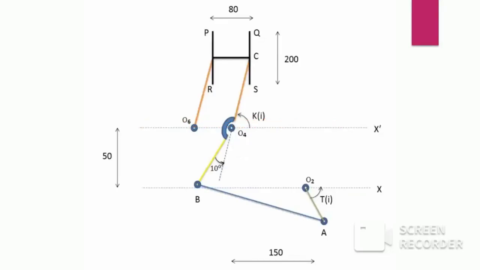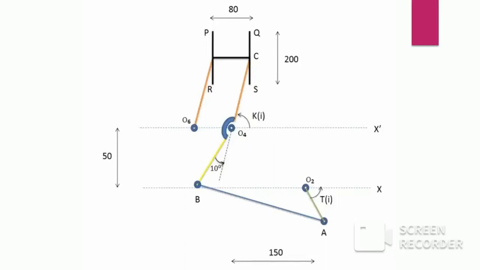So, we know the angle between O4B and O4C is 10 degrees. So finally, the only thing we need to find in order to know the coordinates P, Q, R and S is the angle made by O4C with the horizontal.